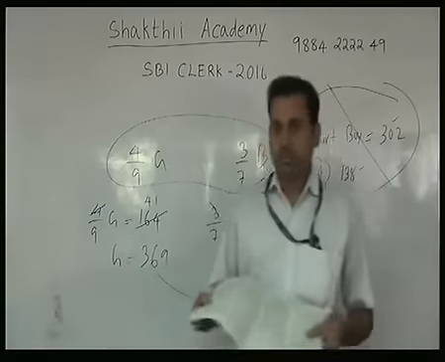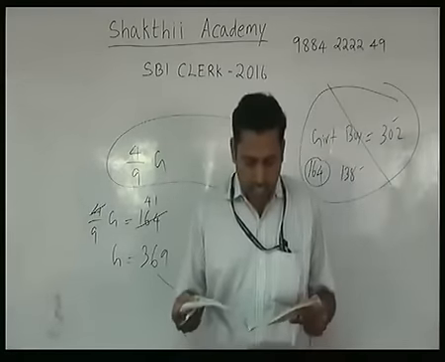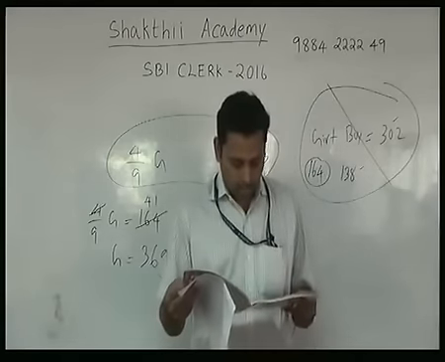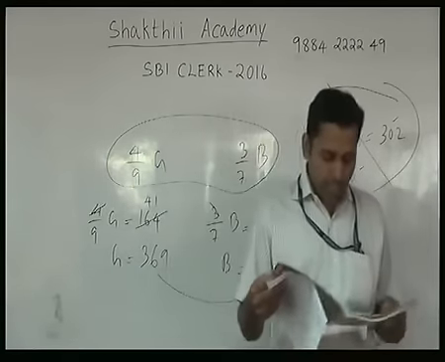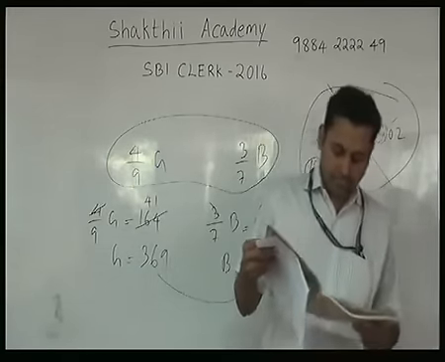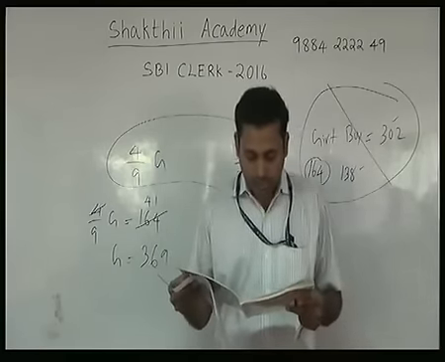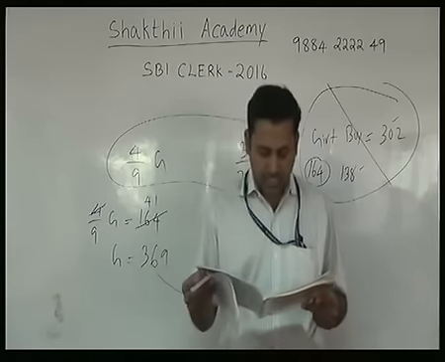Again, this is from the original question paper. Clear? Some chocolates were distributed among 4 friends, A, B, C, D.